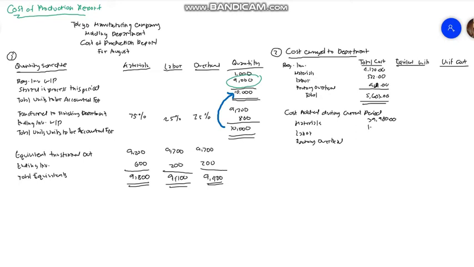Second one is 12,638, and last one is 18,779. Total of those three is 71,397. Okay, so that's the total for this.